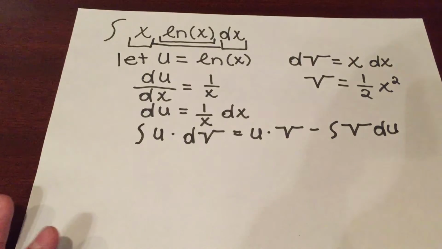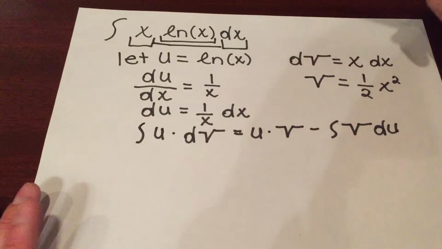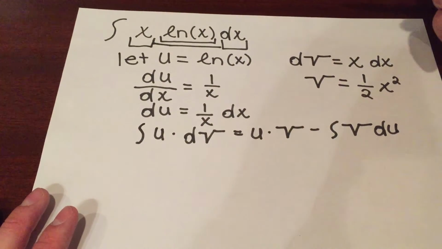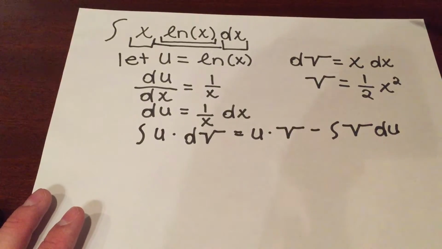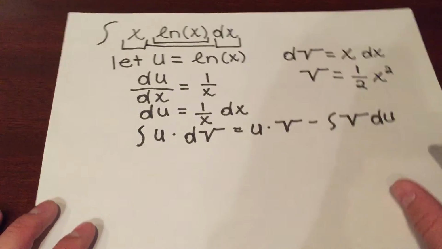So great, what do we do? Well, we found our derivative of u, and we found the antiderivative for dv. All we're going to do is substitute now.